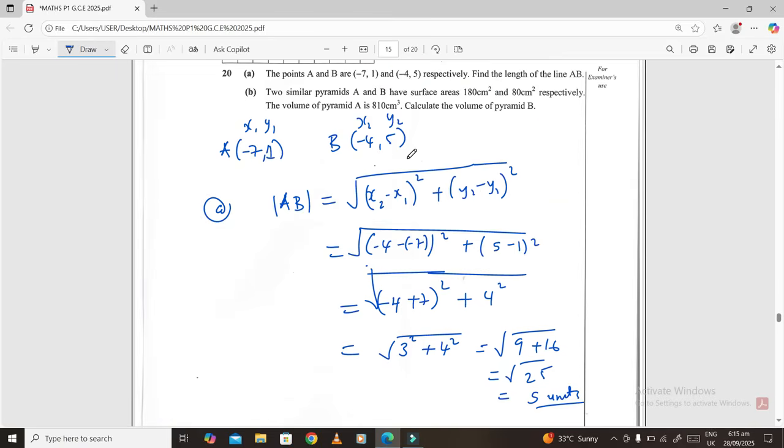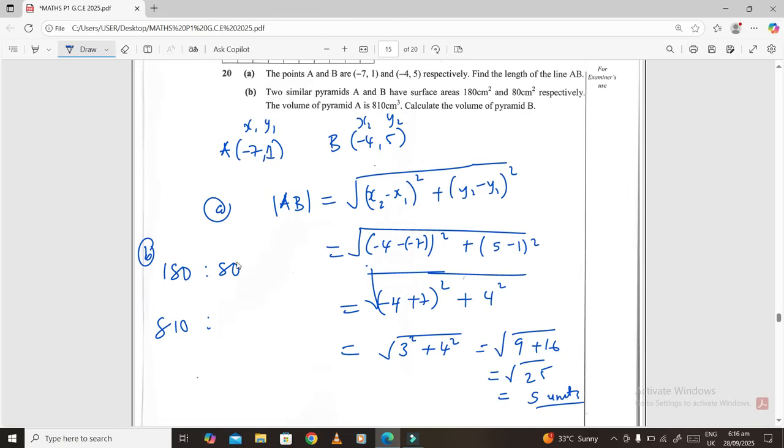We now go to this other question. They are saying two similar pyramids A and B have surface areas 180 and 80 respectively. The volume of the bigger is 810. So basically, in order for us to answer this question, we're simply going to reduce here.